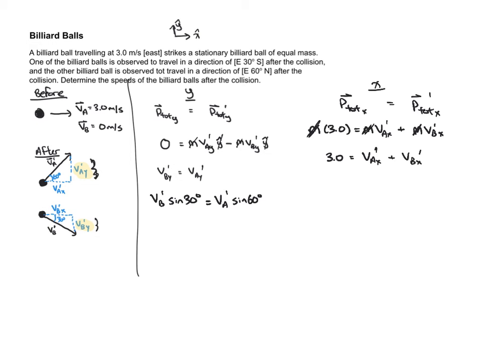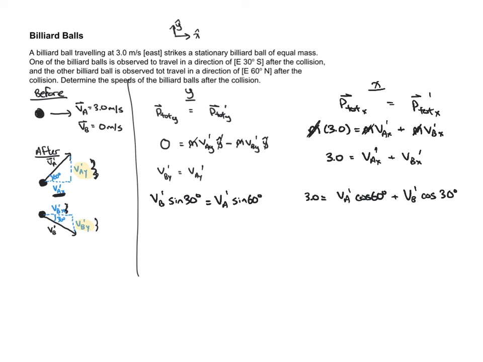Now I move back to the x side. Okay, so 3.0 equals VAX prime. So that's this one right here. That's going to be VA prime cosine 60. And then VBX prime, this last one right here, that's going to be VB prime cosine of 30 degrees.